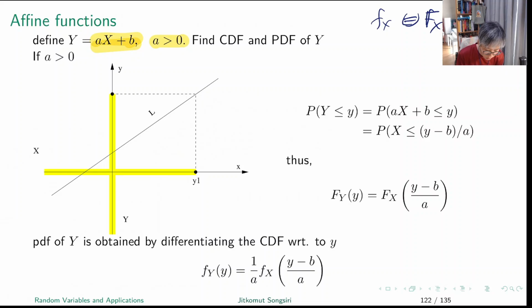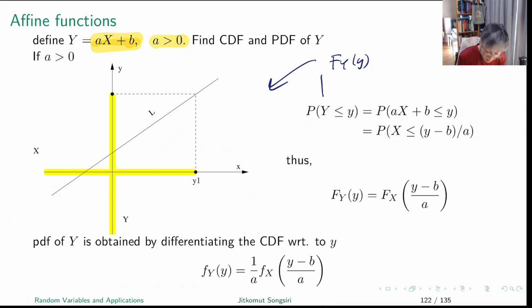So I'm going to start with the CDF of Y, because if I have the CDF of Y, I can get back to the PDF later by taking the derivative of big F to get small f, the PDF. This is the CDF of Y.